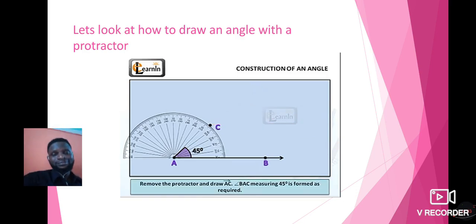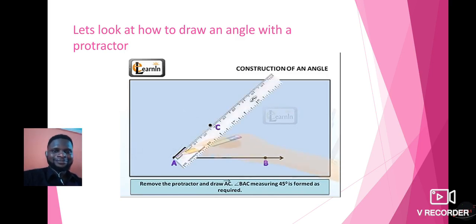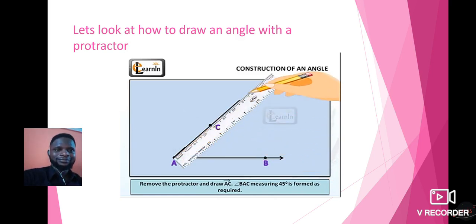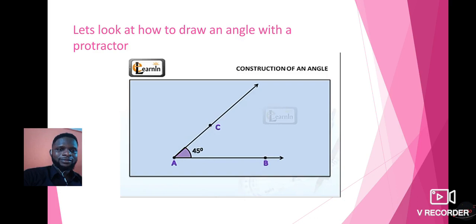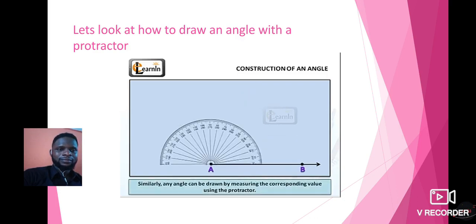Now, remove the protractor and draw a ray AC. Angle BAC measuring 45 degrees is formed as required. Similarly, any angle can be drawn by measuring the corresponding value using the protractor.